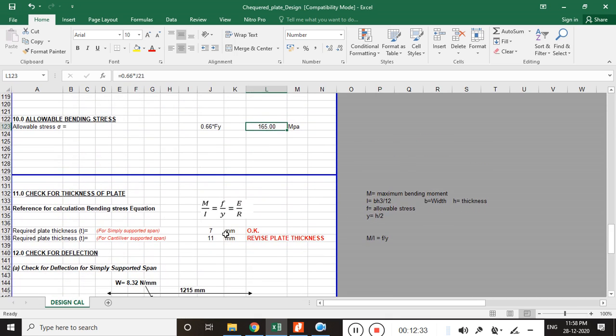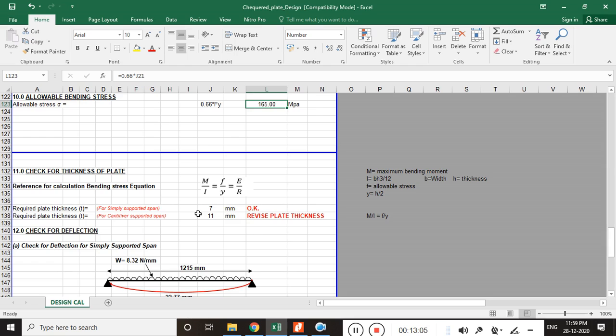I have equated all these values together, but I haven't put in the value of thickness, because I have to calculate the required thickness that I need to provide for the allowable bending stress. So this is the thickness we need to provide for the allowable bending stress.